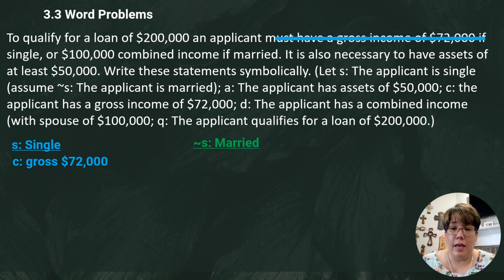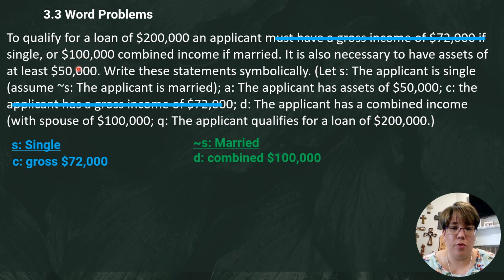I'm going to mark that out, and they also said that was C, so I marked that out down here. If you are married, then you could have a combined income of $100,000.